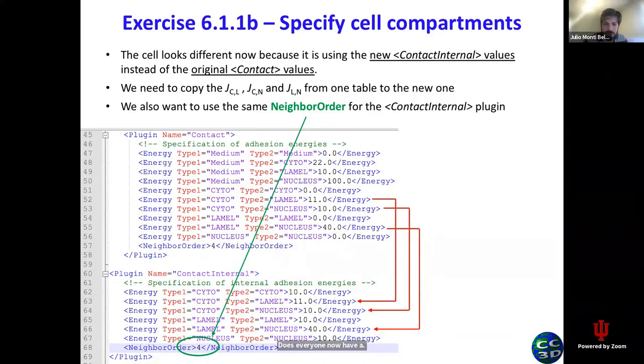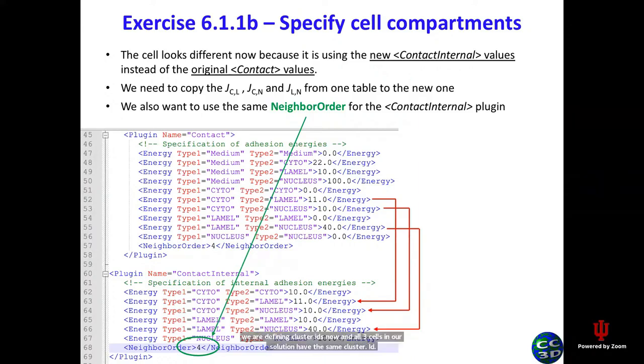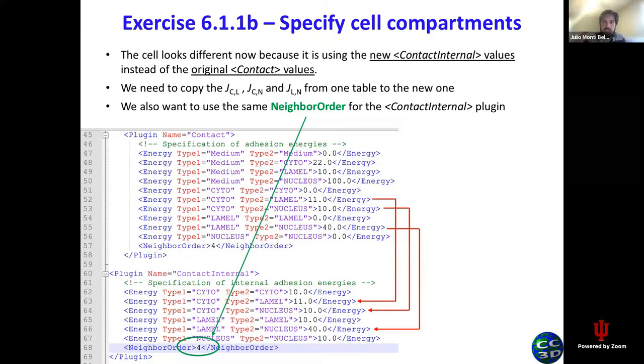Yeah, so since we are defining cluster IDs now and all three cells in our simulation have the same cluster ID, does the contact plugin become obsolete, because it is defining contacts across clusters? Well, if you just have one cluster of cells, it becomes a little bit obsolete, yes. Not totally, though, because medium will always be an external entity, okay?